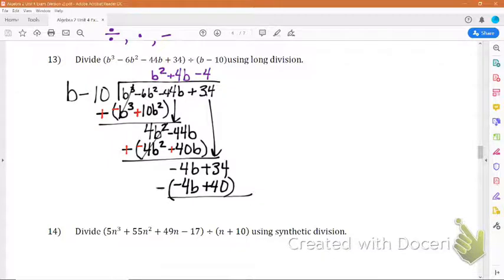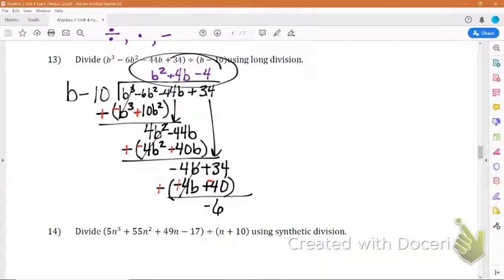Then we distribute that negative so we don't forget about it or do something wrong. So now we have a positive 4b and a negative 40. Add straight down. Negative 4b plus 4b cancels. Positive 34 minus 40 is negative 6. That negative 6 is my remainder.